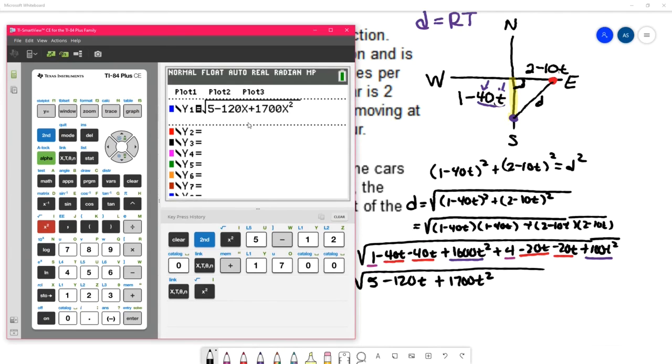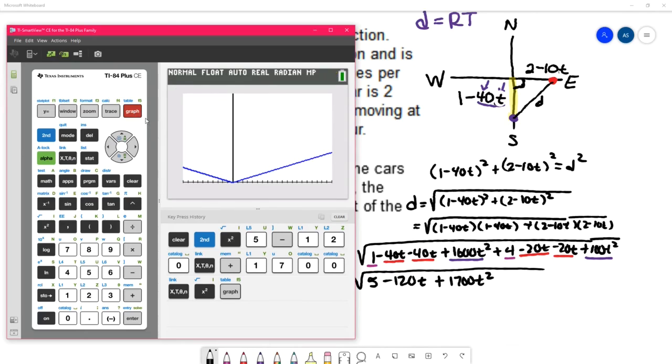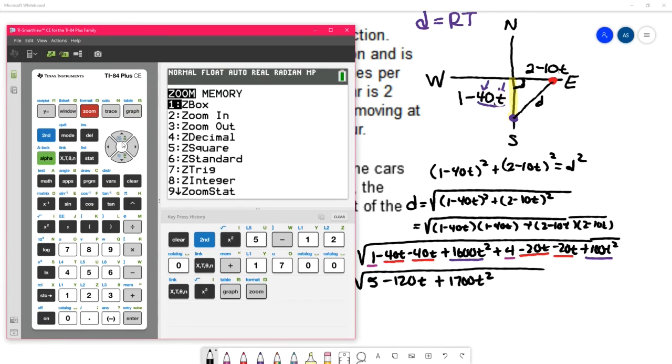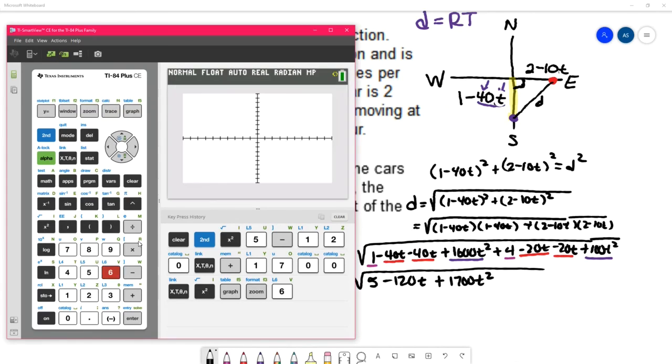Now, these are very large numbers in the problem, and the standard viewing window is usually negative 10 to 10. So I'm going to show you what it typically looks like. The standard viewing window typically looks like this. It doesn't give us a very good picture of our graph. So I'm going to try a couple things so that we get a better picture.